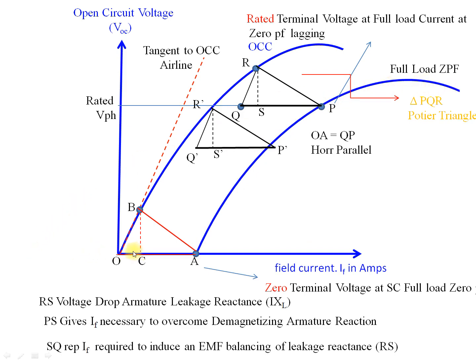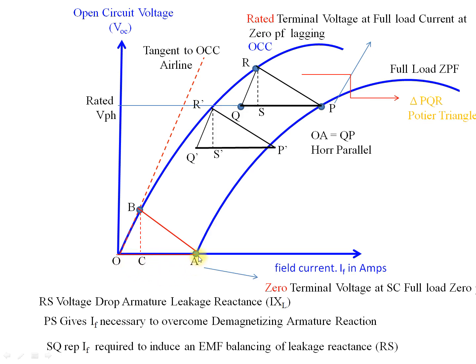Since we draw the OCC curve from the OCC characteristics readings, we can draw that one. After that, if you draw the tangent to this line, it is called the air gap line. So the air gap line will be drawn next. After drawing the air gap line, we need to measure the value of OA over here.